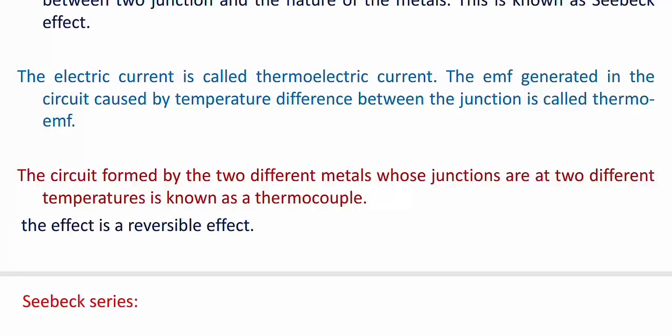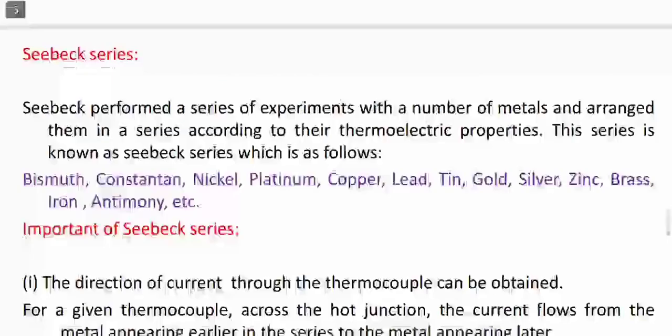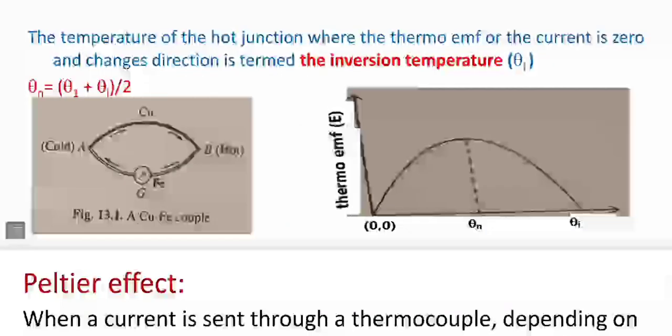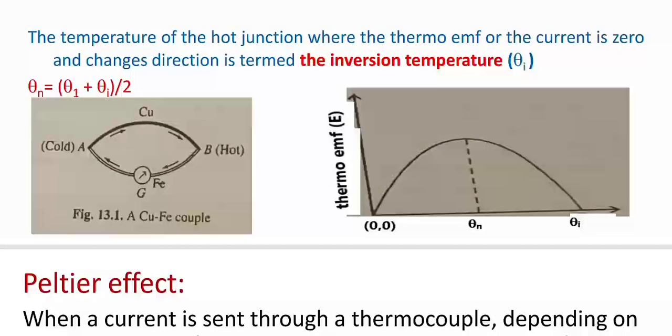Next, this effect is a reversible effect. That means, in figure 13.1, the copper iron couple: if A is cold and B is hot, then current will flow through this thermocouple. If the cold point is transferred from A to B and the hot point to A, then current will flow in the opposite direction.